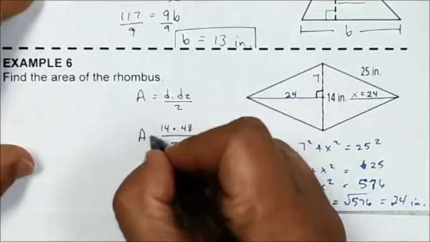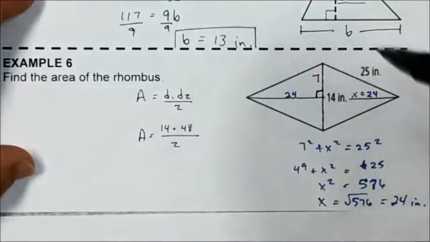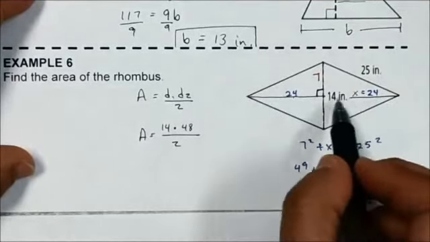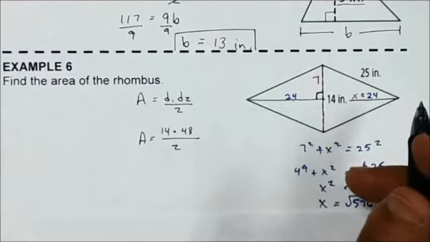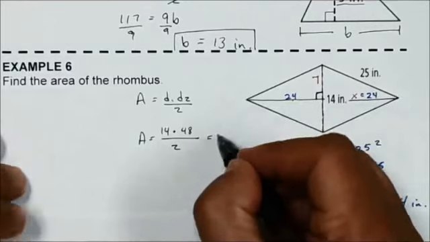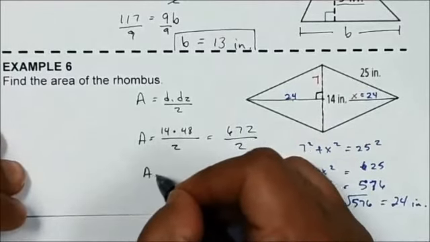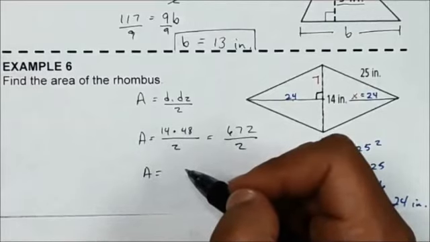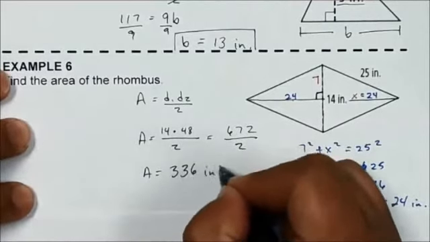So the area is equal to 14 times 48, because this diagonal has a length of 14 inches and this diagonal is going to be 48 inches. 14 times 48 is 672. If I divide that by 2, we get the area is going to be 336 inches squared.